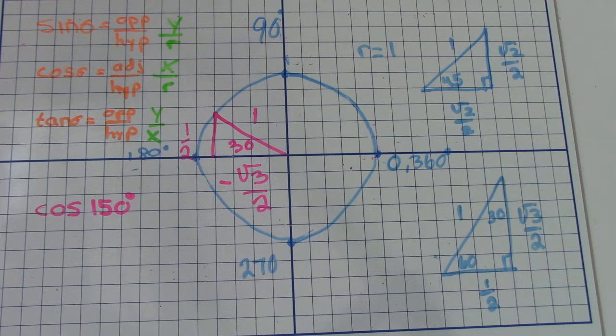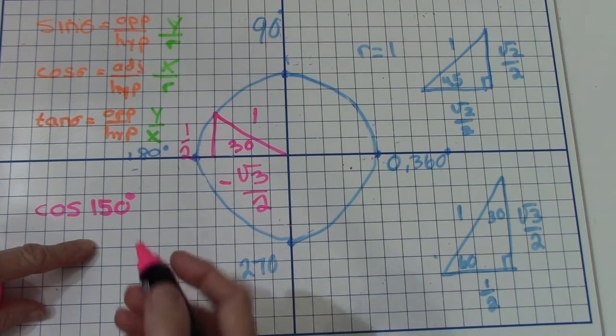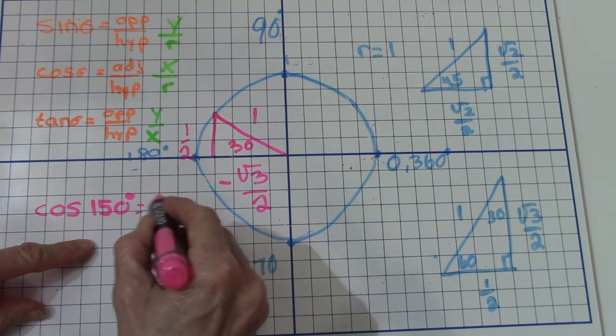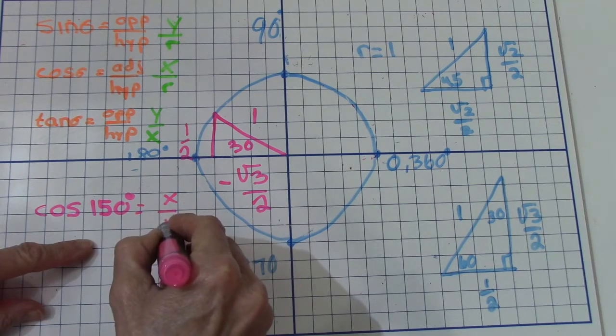So we don't have to worry too much about the sign because it just goes back to our basic algebra. We're not using trigonometry to find the sign, which is using basic algebra. So here, my question for the cosine of 150 degrees, I'm going to think of it as 30 degrees. And so I'm still going to use the x over r definition.